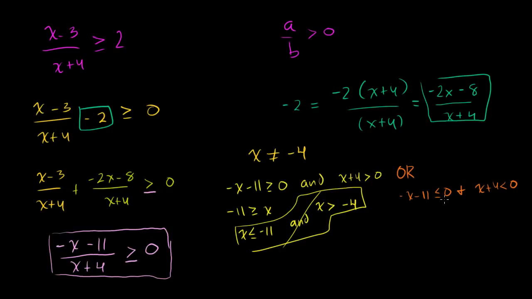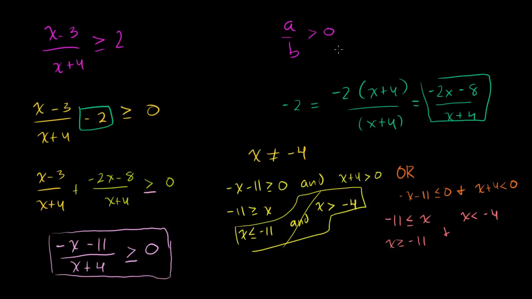For both of them to be negative, or the numerator could also be equal to 0, if we add x to both sides of this, we get minus 11 is less than or equal to x. Or we could say that x is greater than or equal to minus 11, just swapping them around. Over here, if we subtract 4 from both sides, we have x is less than minus 4. And this is an and, so x has to be greater than or equal to minus 11 and less than minus 4, which is exactly what we came up with in the last problem.